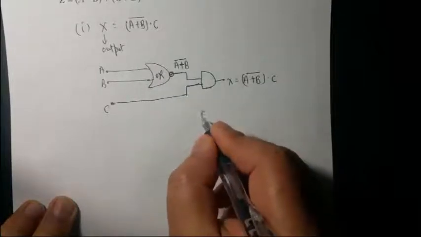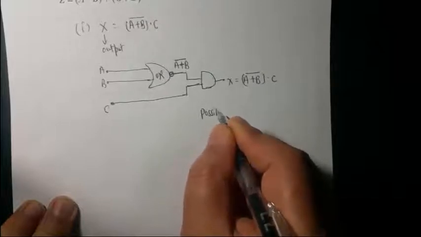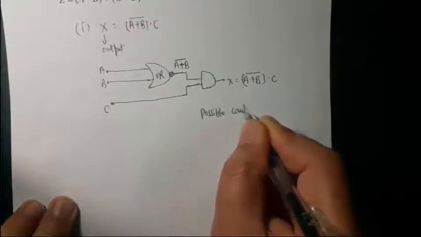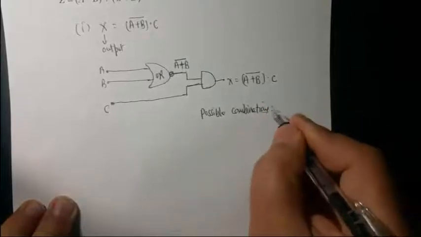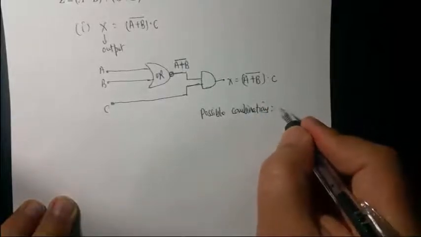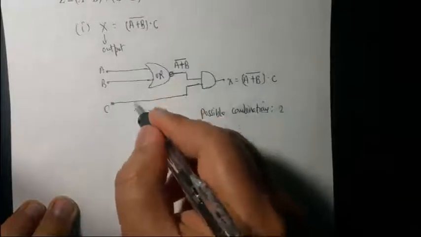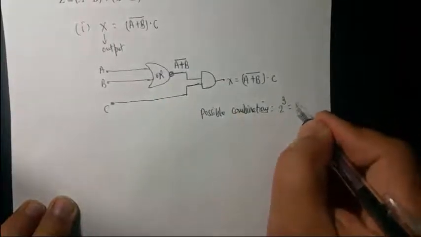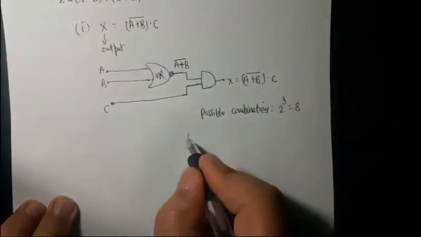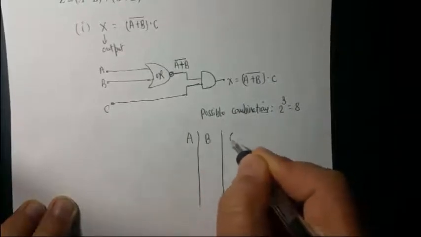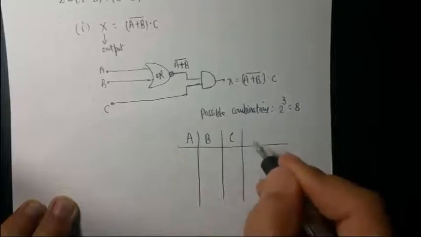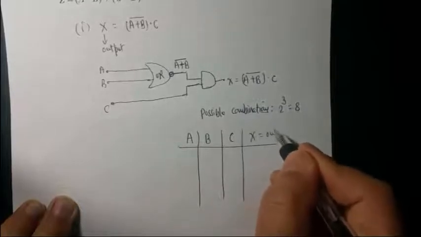How do you find that? It's a binary circuit, so 2, and you have 3 inputs, so 2 to the power 3, 8 possible combinations. You have to build the truth table based on this, with X as your output.